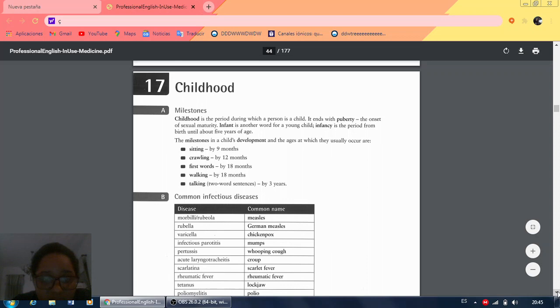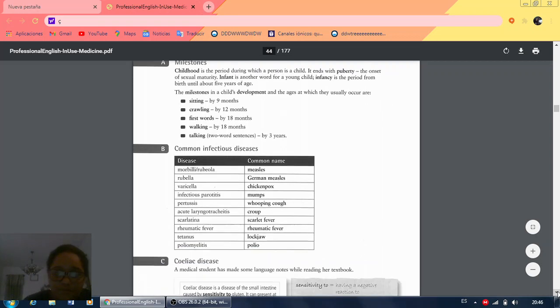The milestones in a child's development are the ages at which they usually occur. Sitting at 9 months, crawling at 11 months, first words at 18 months, walking at 18 months, talking in sentences by 3 years.